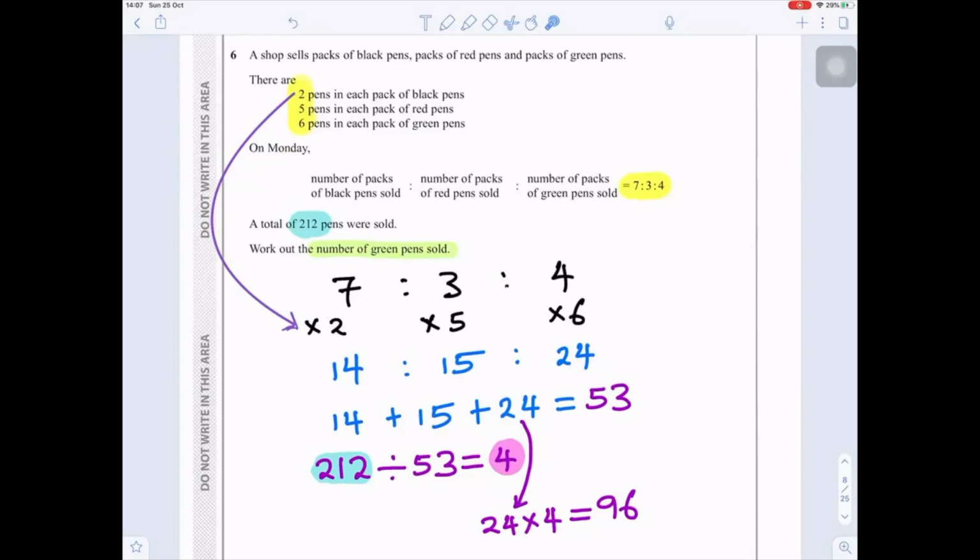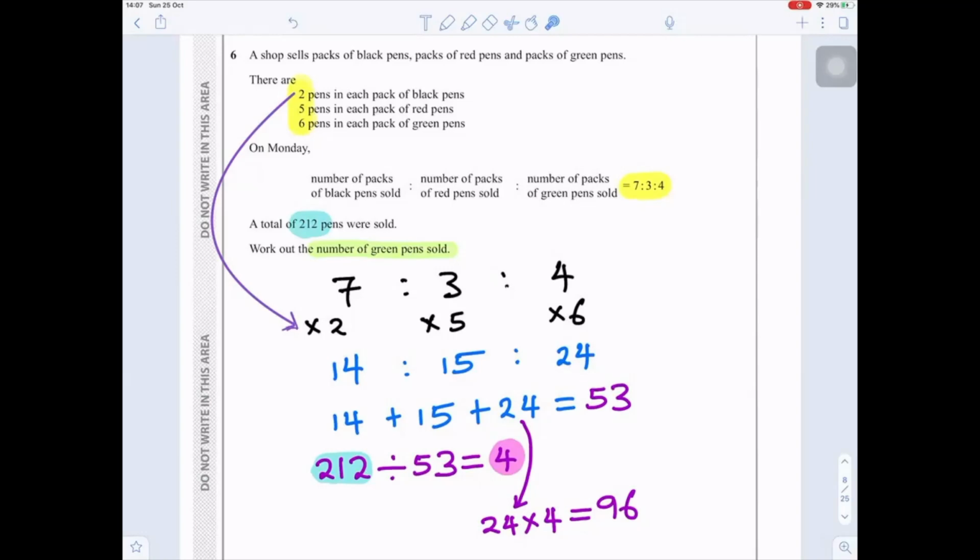On Monday, the number of packs of black pens sold to red pens sold to green pens sold is 7:3:4. A total of 212 pens were sold. Work out the number of green pens sold.